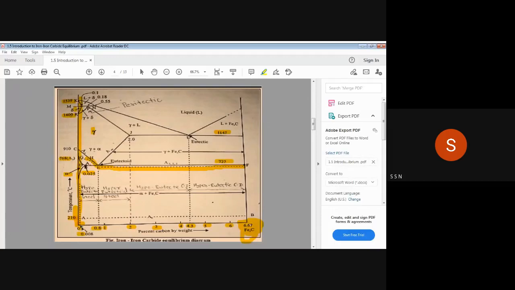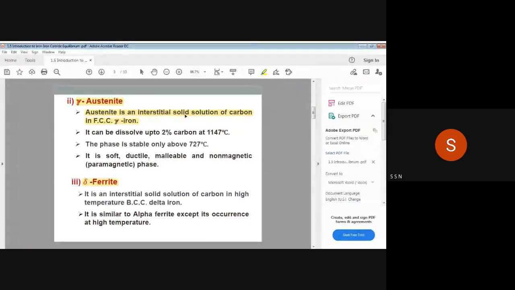That means some percentage of carbon will also be there in that gamma, so that it will become an interstitial solid solution of carbon inside the iron, and that gamma austenite will have the FCC structure.